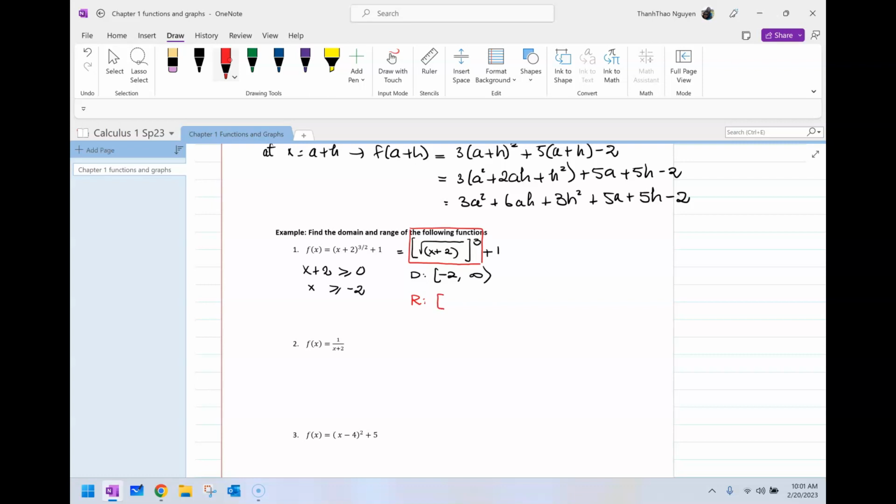This is the smallest value, equals 0, then plus 1. So f of x is smallest at f of x equals 1. So that is 1 to infinity.